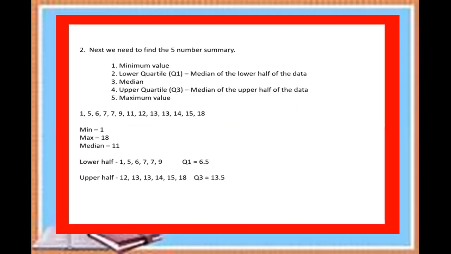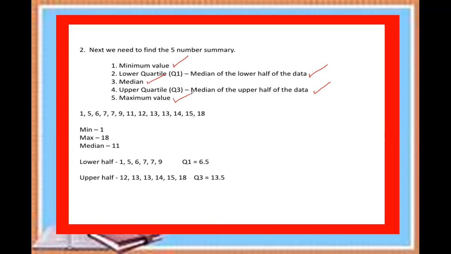We need to find the 5-number summary. So what is that 5-number summary based on the given data? Here we get the minimum value, the lower quartile, the median, the upper quartile, and the maximum value.